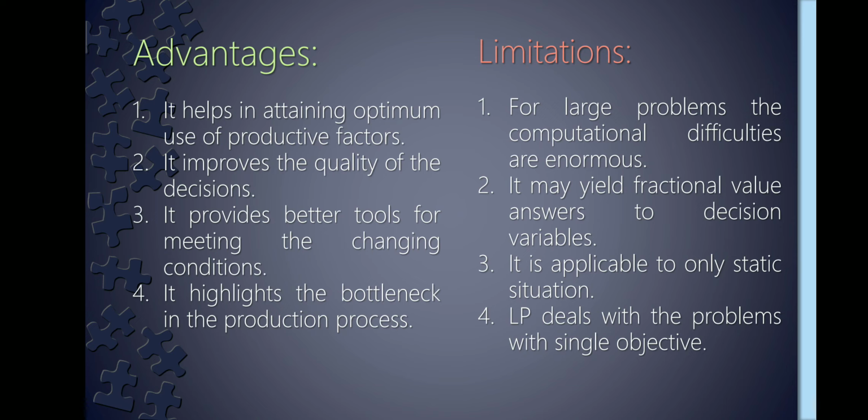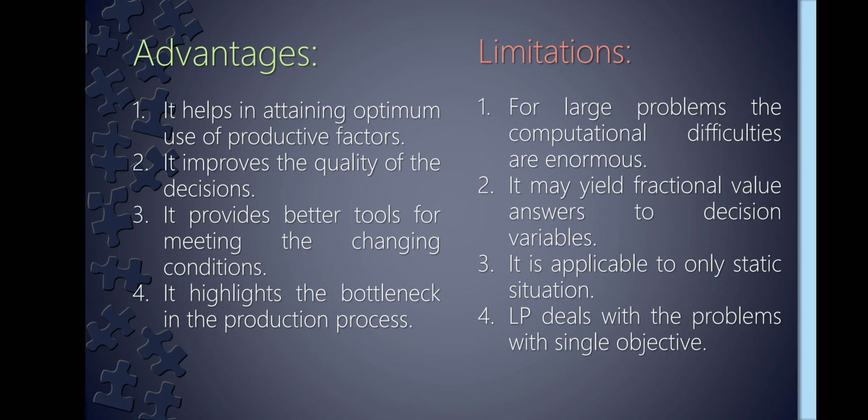Exactly, because with changing conditions it is necessary to adapt ourselves. We know that resources are always limited in nature, so with the help of LPP we can effectively utilize the available productive factors like labor, machines, materials, and finance. And LPP highlights the bottleneck in the production process. So these are a few of the advantages of LPP.